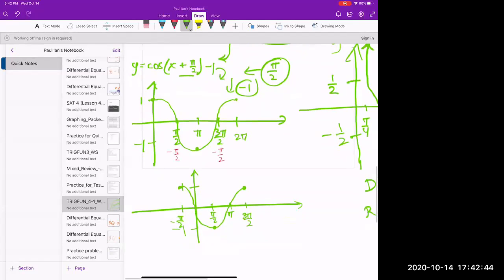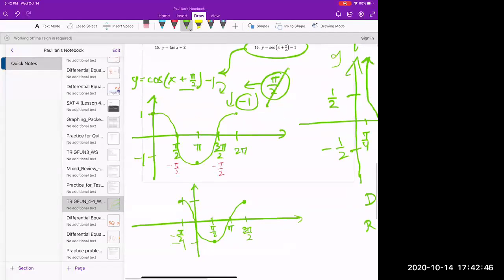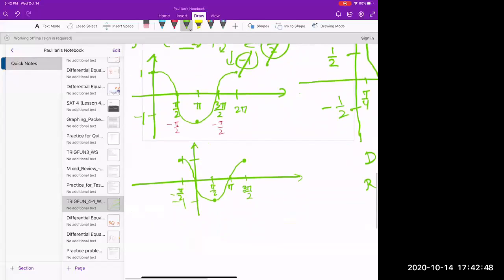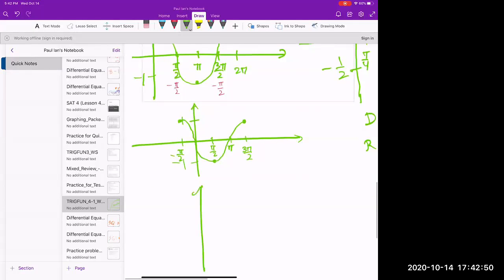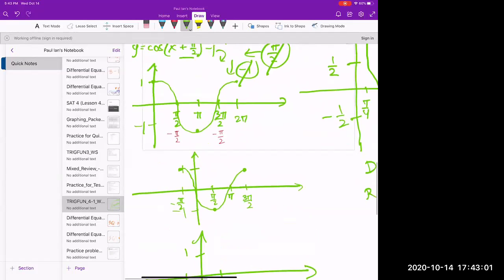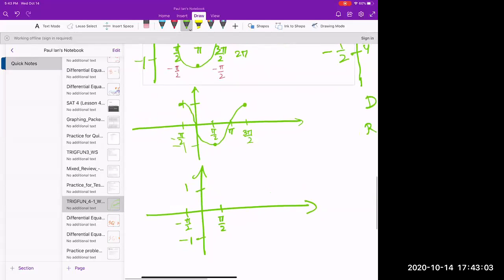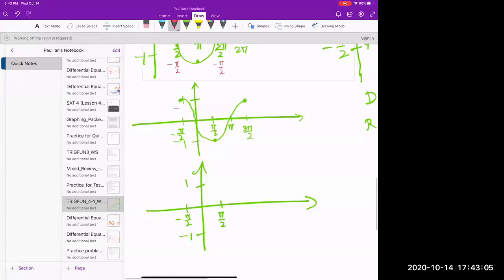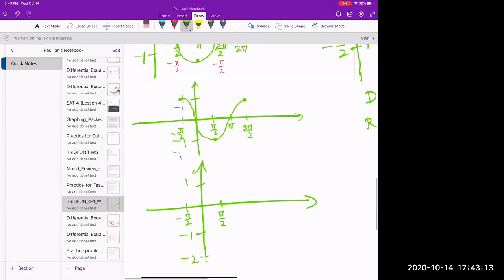Okay, so that, and then the next one would be moving the vertical. Which is minusing 1 from this guy. You start off at 0, -2.